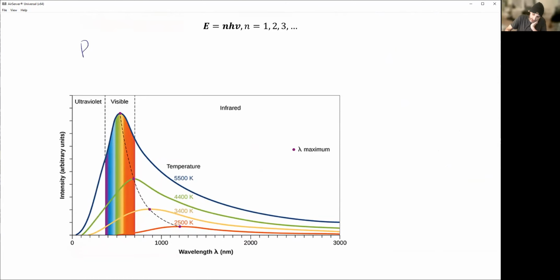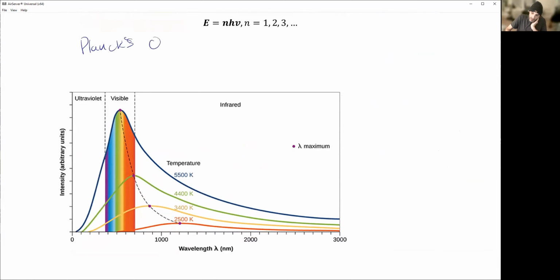So Planck's quantum theory. Planck basically looked at black body radiation and said, all right, heating a coil. That coil should just be a black body.